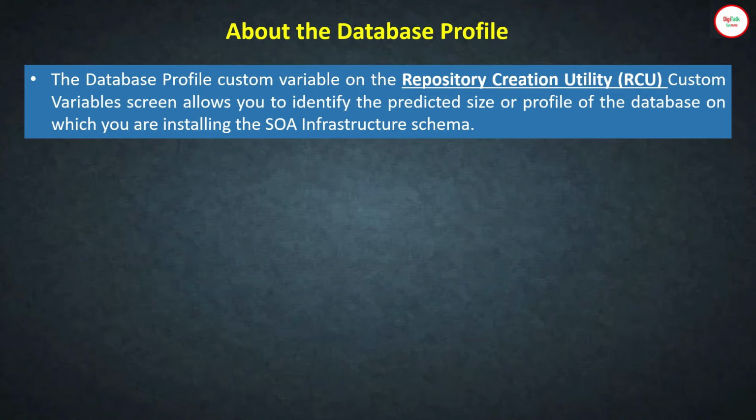When we create the schemas using the repository creation utility, you have to ensure, for whichever client you are going to install the SOA environment, what the expected size or growth of data is for that particular client, because based on that we have to select a profile option for the SOA.